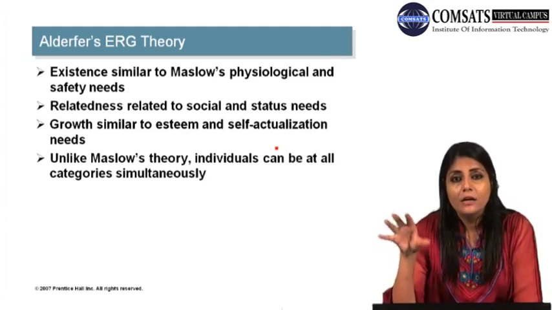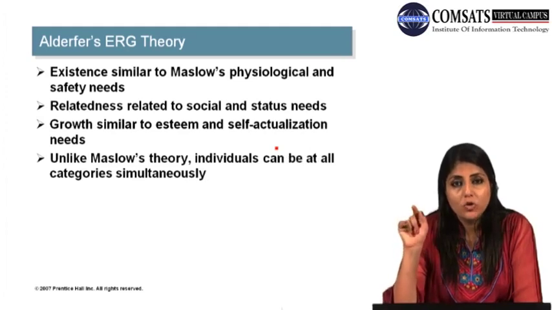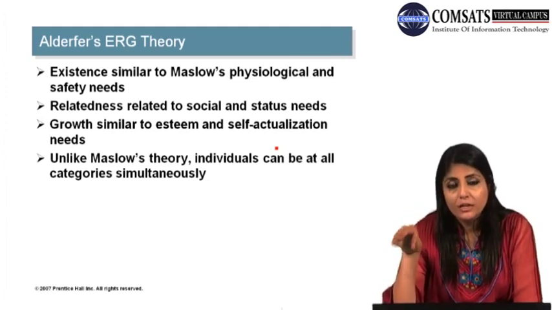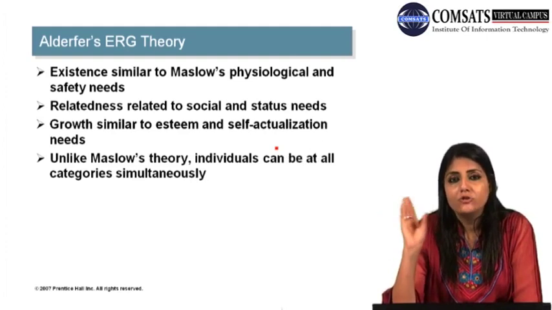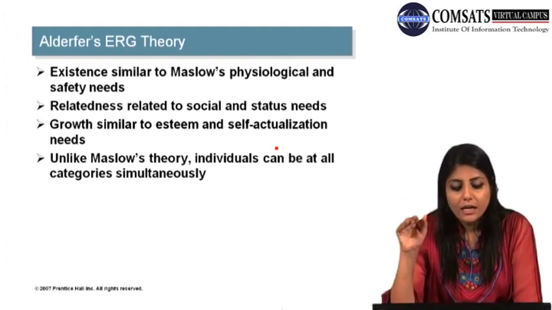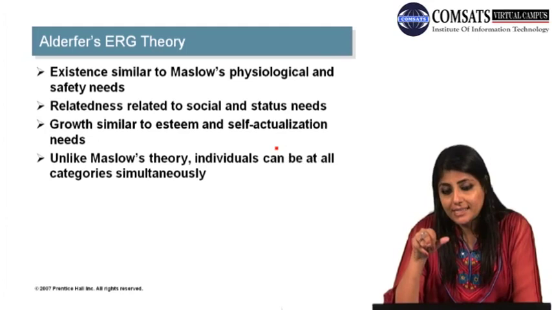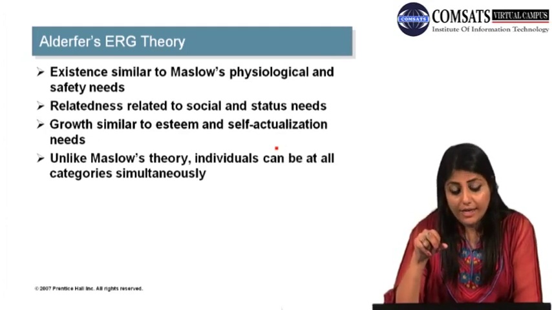So existence is the first two hierarchies in the pyramid that was given by Maslow. That is the physiological needs, your physical needs, bodily needs, and your safety needs. Those are basically the existence needs as per the ERG theory.